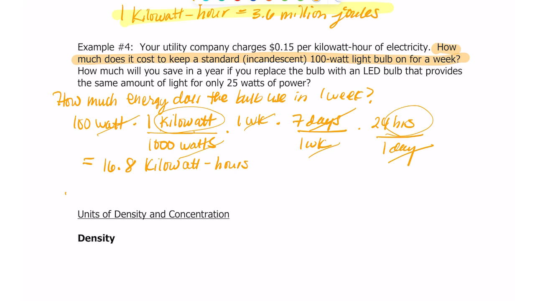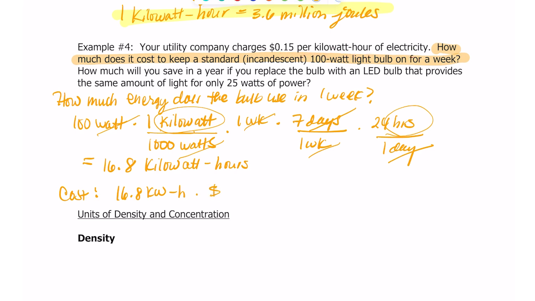Okay. Now, we didn't really answer the question yet, because it says, how much does it cost to keep the 100-watt light bulb on for a week? So now I need to find the cost. I know that it's 16.8 kilowatt hours, and the problem tells us they're charging 15 cents per kilowatt hour.